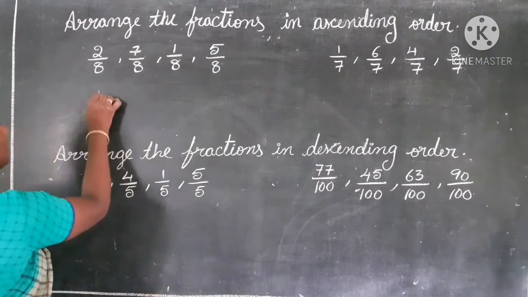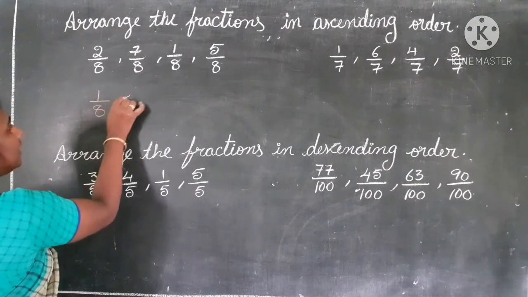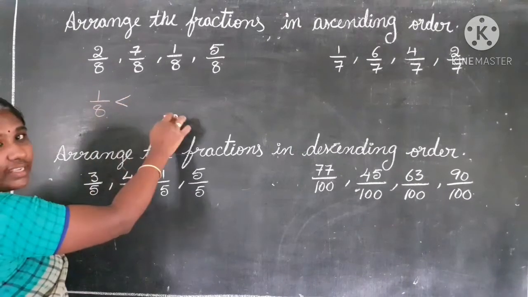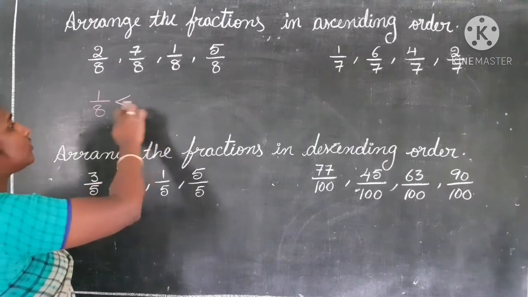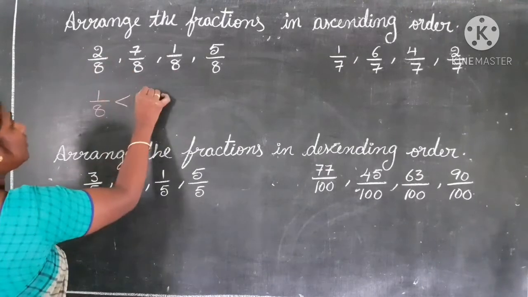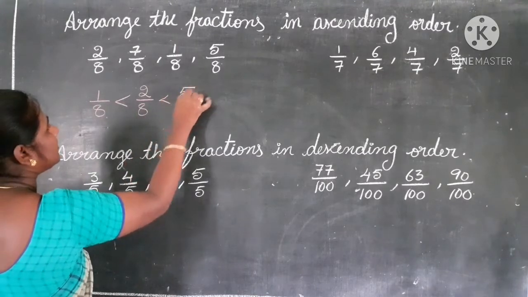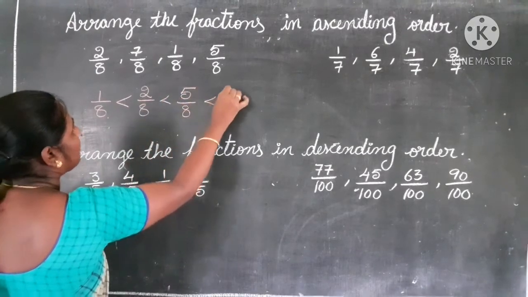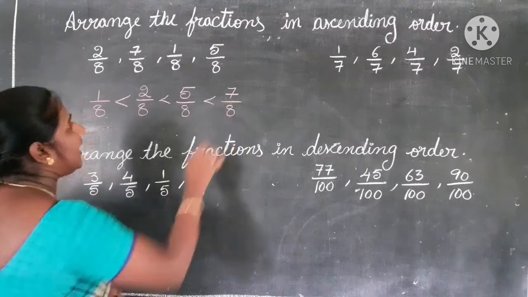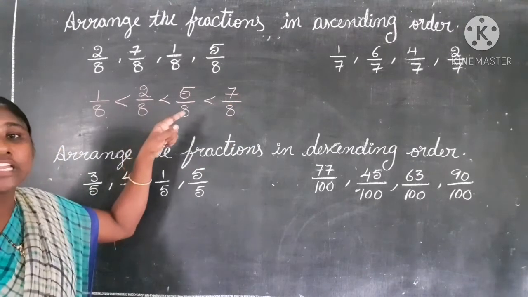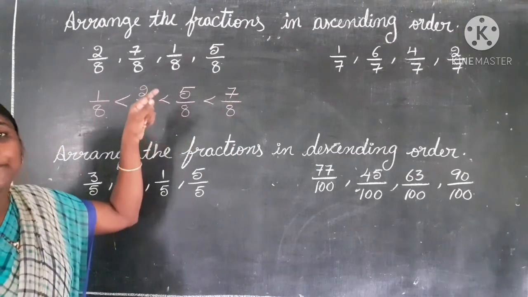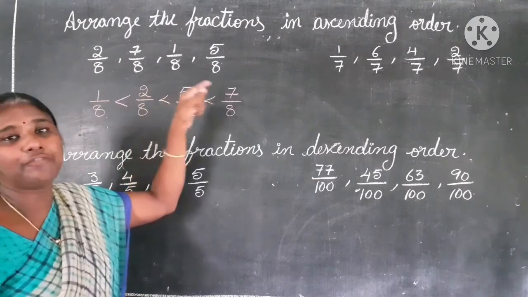So first we write 1 by 8, less than, then 2 by 8, then 5 by 8, then 7 by 8. Arrange the following fractions in ascending order. Ascending order means small fraction to big fraction.